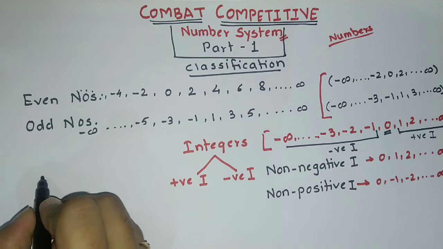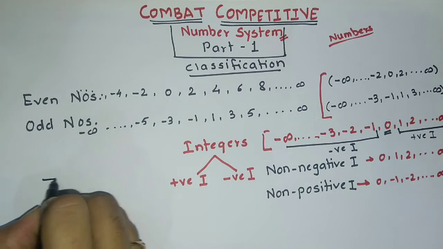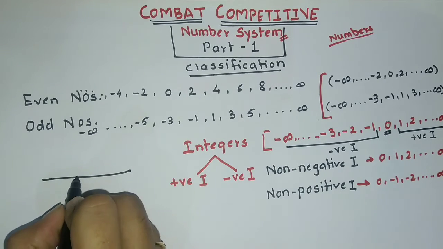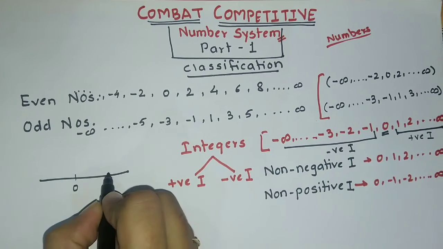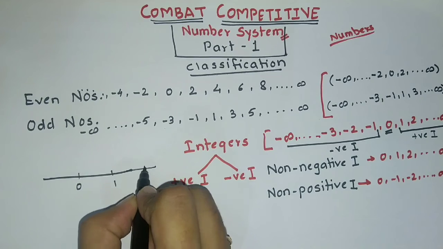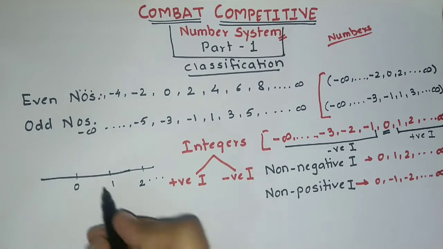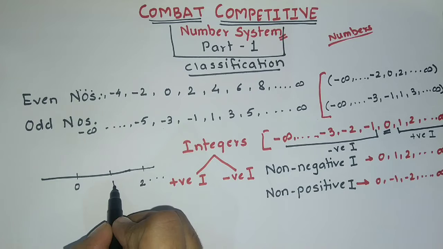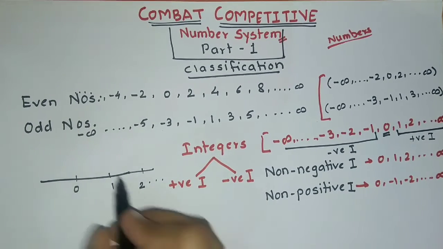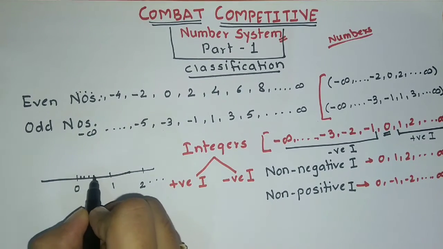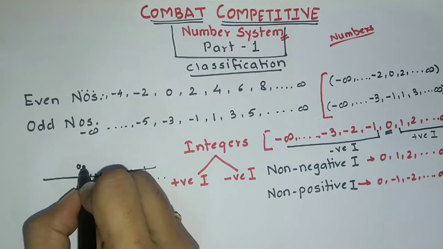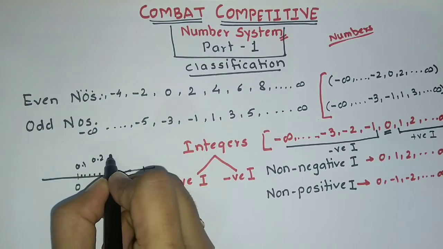Now, see, if I draw the number system, 0, 1, 2 and so on. Here we write 1 right after 0. But there are a lot of numbers in between them, like 0.1, 0.2.